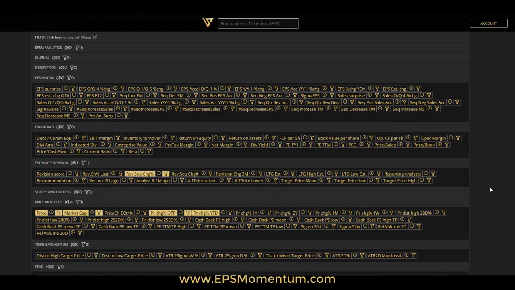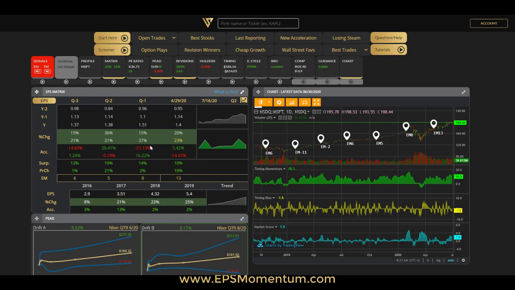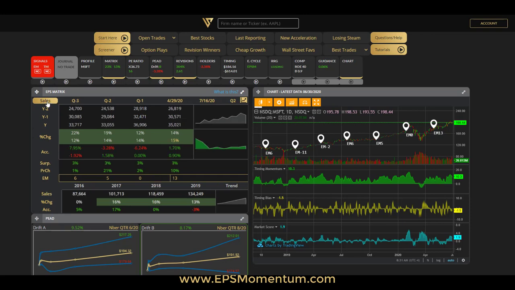The other thing I want to do is look for stocks that have increased their sales numbers and increased their EPS numbers. If you go into the matrix, you want that number here to go higher up, right? Even during the crisis. If these stocks have managed to still grow during the crisis, that's pretty awesome, right?